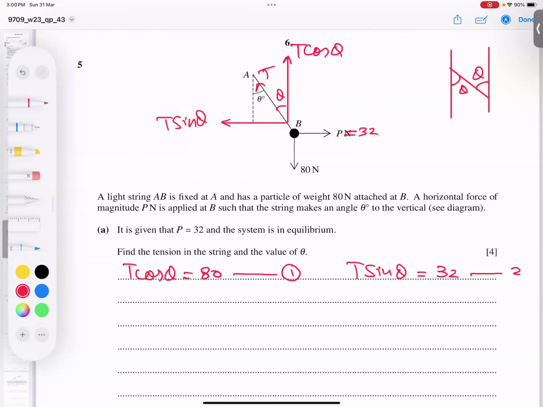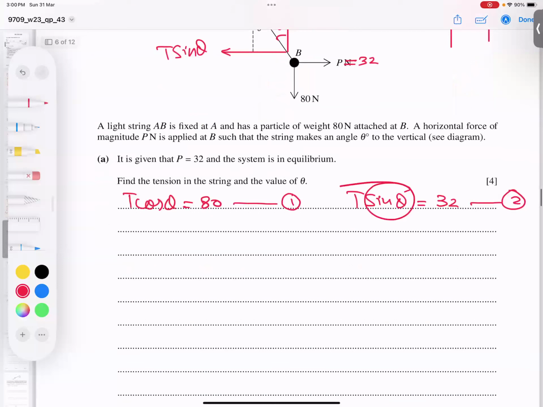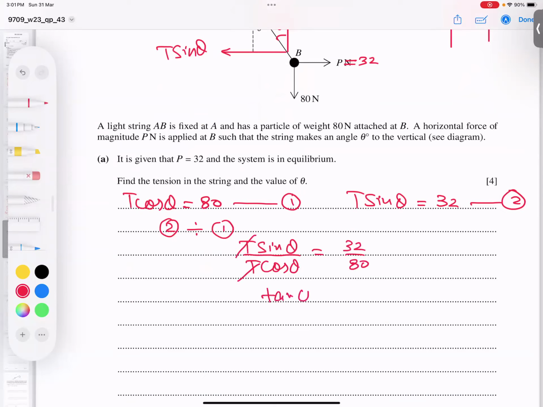Now equation number 2. You know that sine over cos is tan. So why not divide equation 2 by equation 1? When we divide 2, T sin theta will come up and T cos theta will go down. 32 up, 80 down. Tension cancels, sine over cos becomes tan, and 32 over 80.